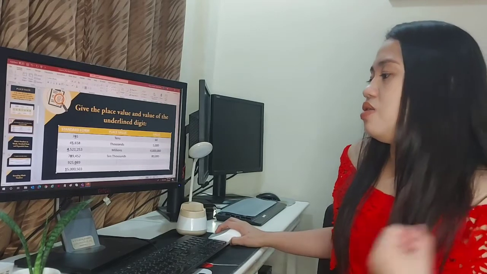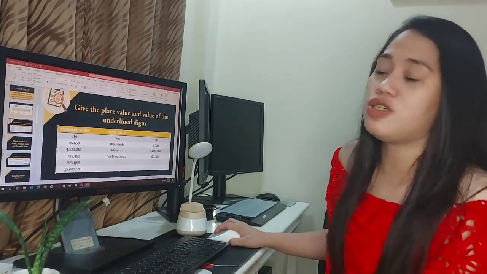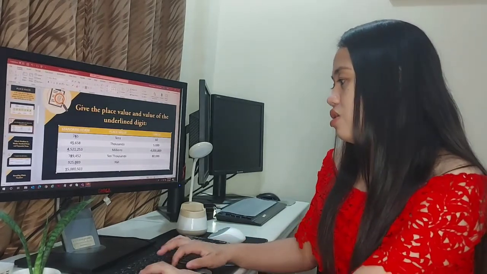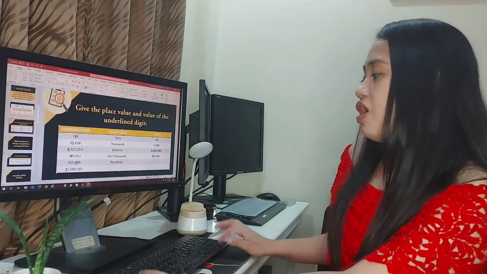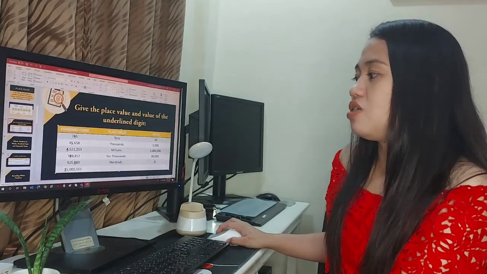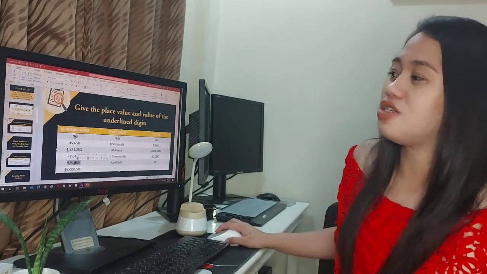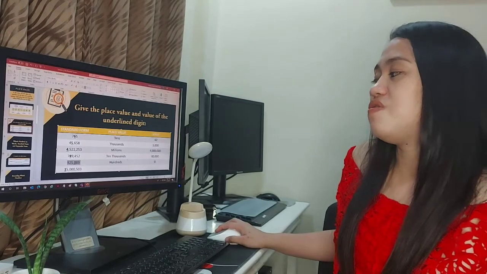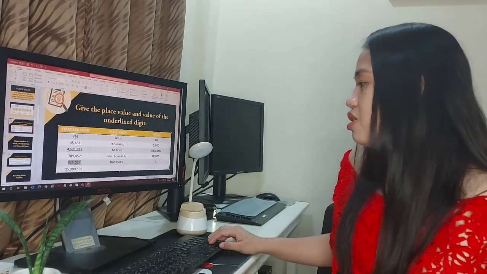And then, next given, we have 0. So the place value of 0 here is hundreds. But its value is just 0. Because it's 89 pa lang, so hindi tayo umabot sa 100. That's why the value of 0 is just 0. Then we have 15 million.